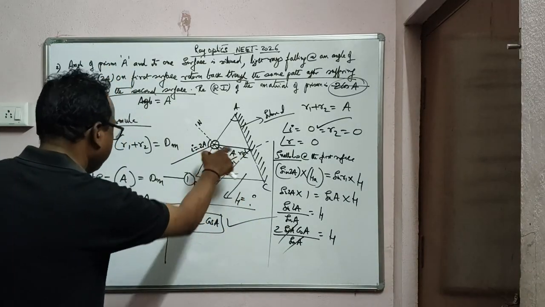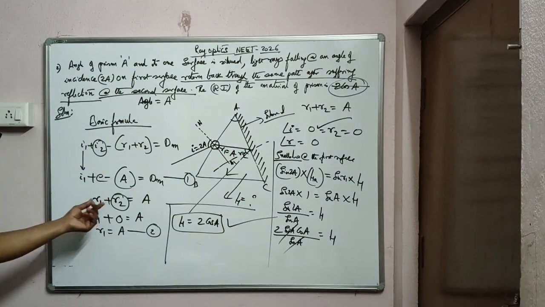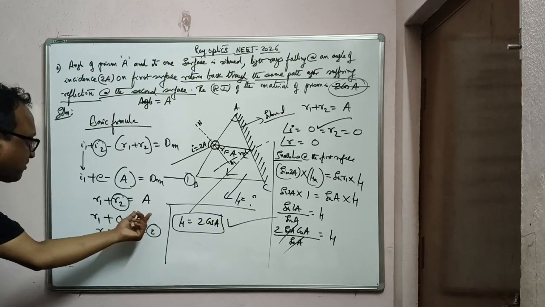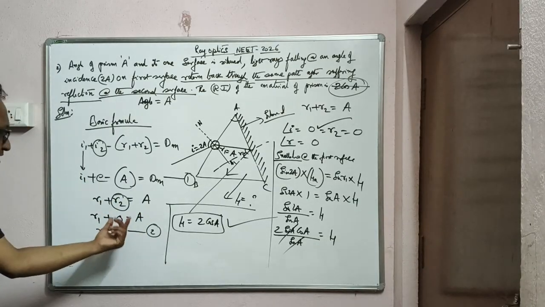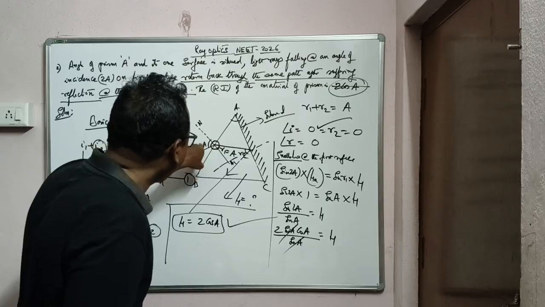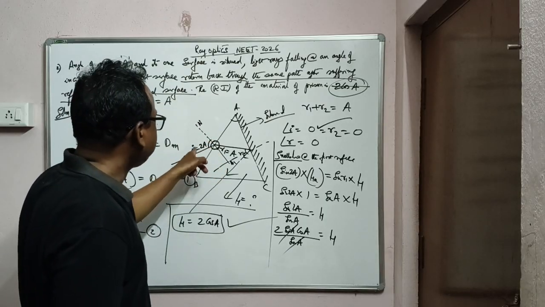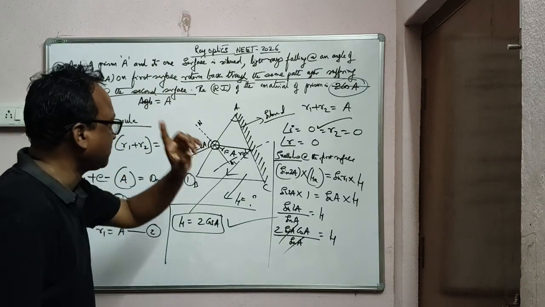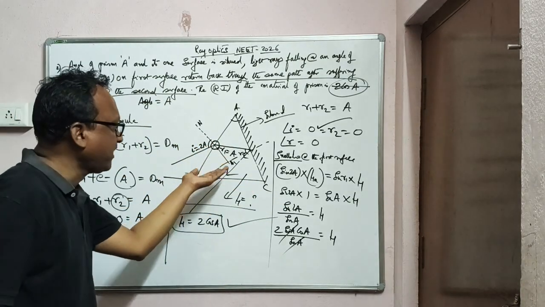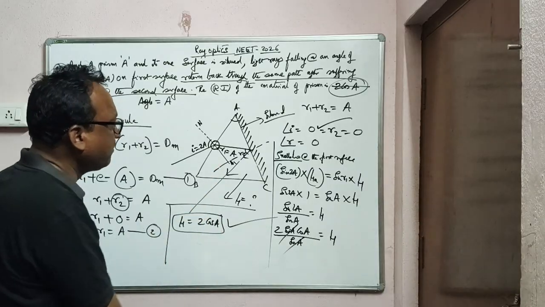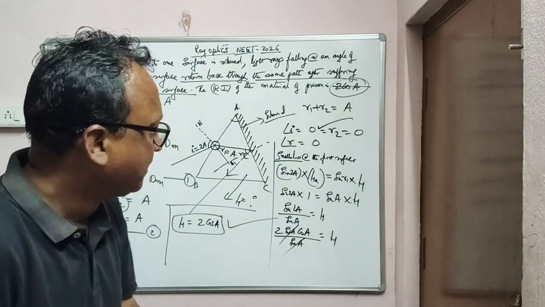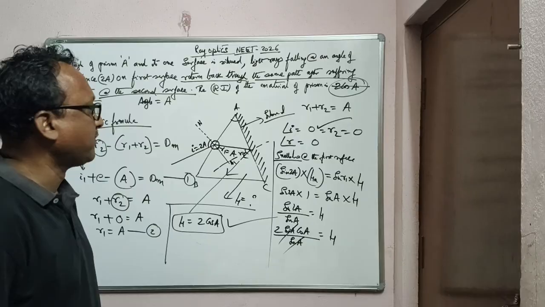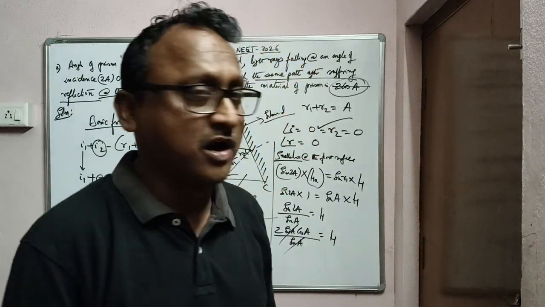So R2 is 0 here, that's why it is coming back again. So putting R2 as 0, R1 plus 0 is equal to A, or R1 is equal to A. So R1 came, now apply Snell's law here. Sine of angle of incidence in this medium, that is sin 2A, into refractive index of air, that is 1, is equal to sine of refraction R1, which is equal to A, into mu, which we have to find out. So by solving the trigonometric function, we got mu is equal to 2 cos A.